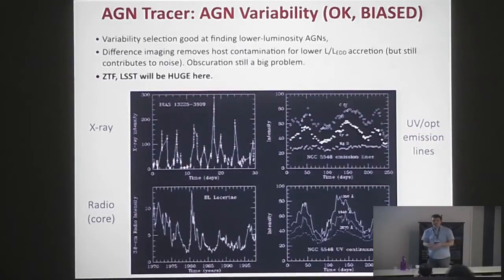You still have, when you take a difference subtraction, you still have noise because initially you had very high levels of flux. So there's still some problems with the contamination, but it's much diminished from just the optical color selection. And the benefit of this is targeting a regime which is completely biased by all the other indicators. So you can use this in tandem with the other indicators to try and pick up some of the lower luminosity sources.